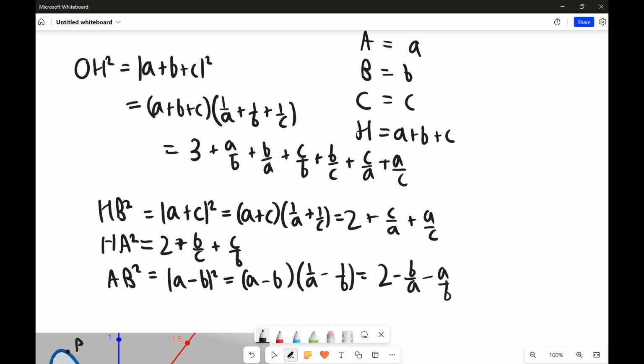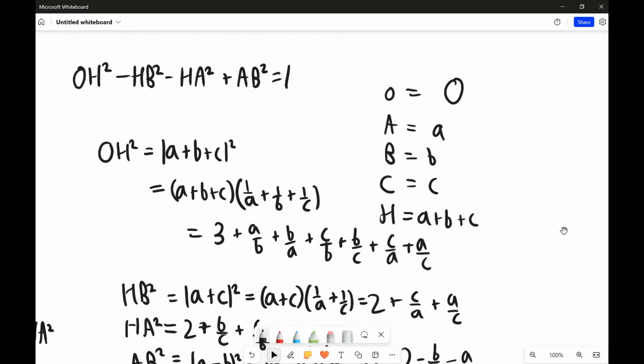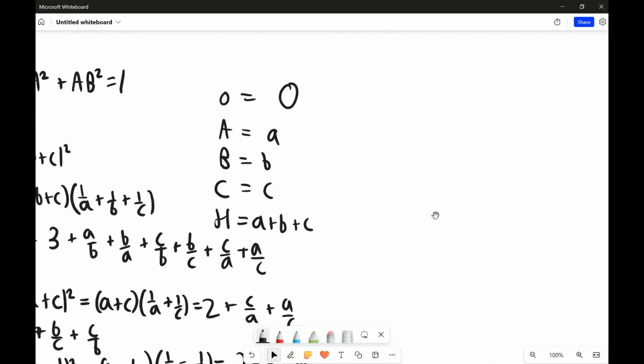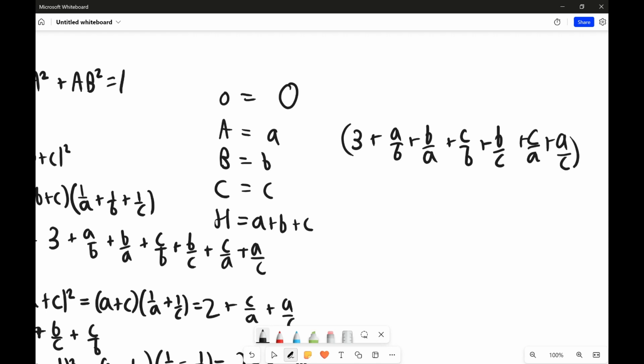Therefore, when plugging into this expression here, we end up getting 3 plus A over B plus B over A plus C over B plus B over C plus C over A plus A over C minus, we first have 2 plus C over A plus A over C, and this causes these terms to cancel out.